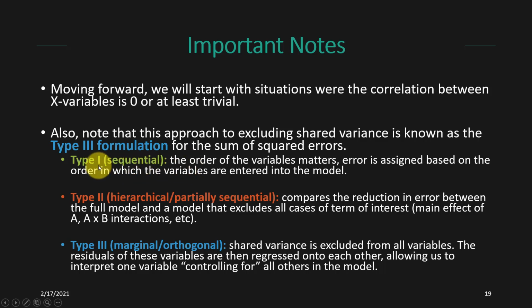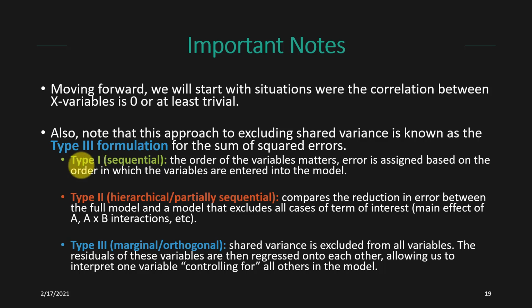In type 1, the primary difference is that you're actually removing that shared variance based on the order in which the variables are entered into your model. So for instance, if you have height and age in your model, rather than excluding the shared variance from both, the type 1 sum of squared errors will give that shared variance to whichever variable got entered first.